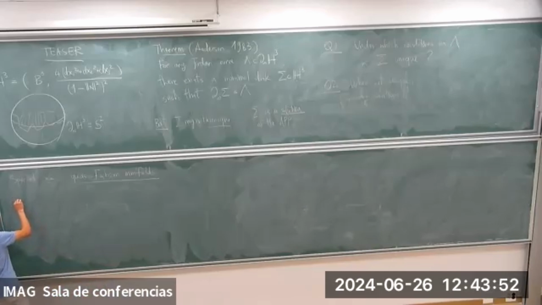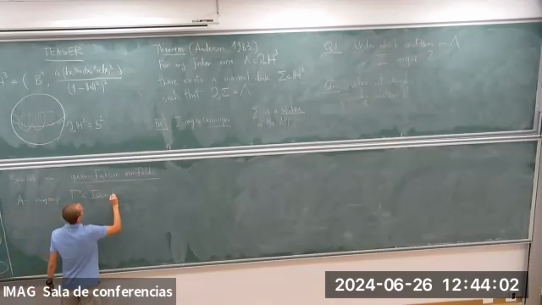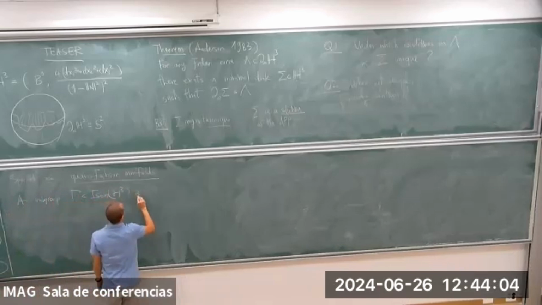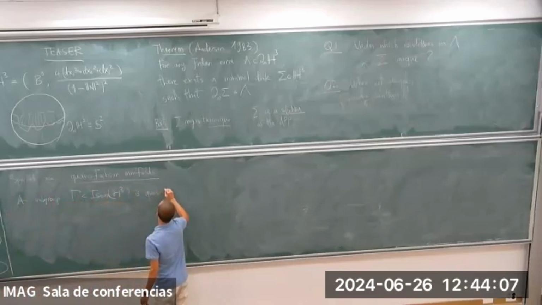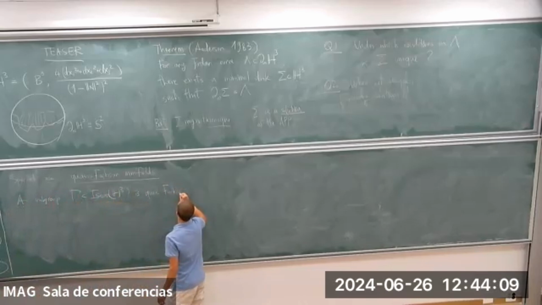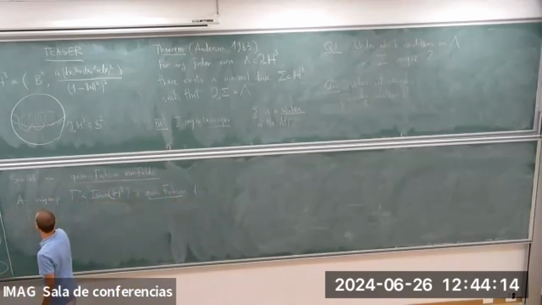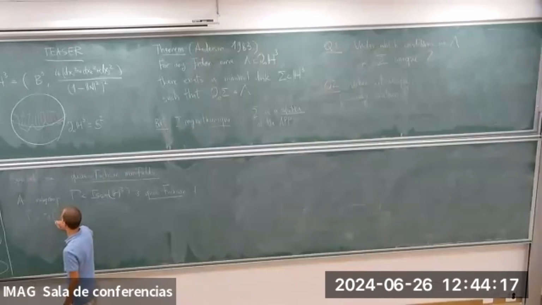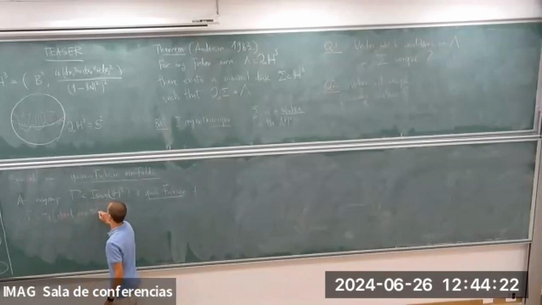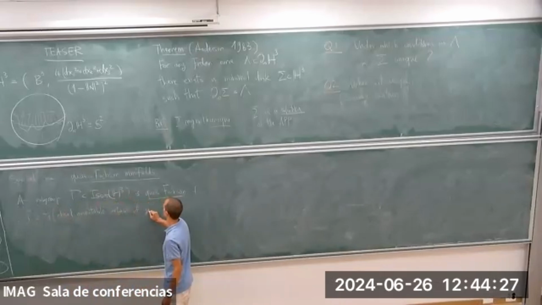So let gamma be a subgroup of the group of isometries of H3. It is quasi-Fuchsian, so it's a quasi-Fuchsian group, if, first, gamma as a group is isomorphic to the fundamental group of a closed orientable surface of genus at least two.